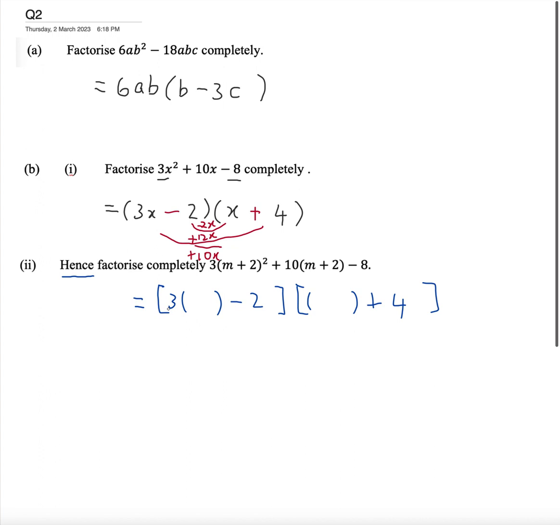Here the x is replaced by m plus 2. So x in the expression is replaced by m plus 2, so x in the answer is replaced by m plus 2.